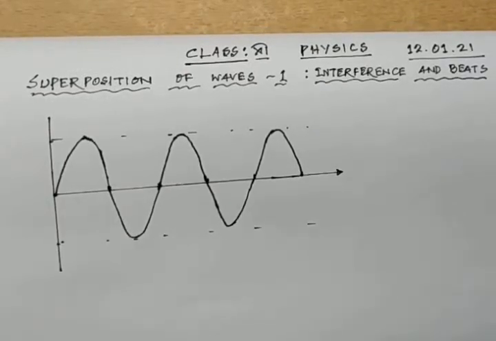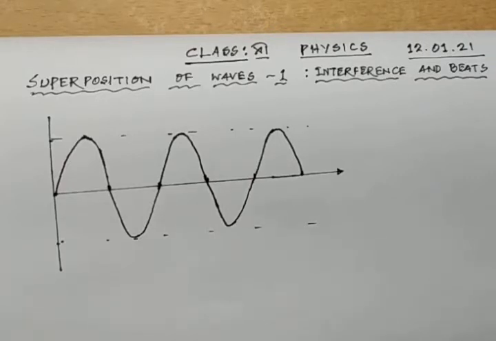This is the second part in class 12. This phenomenon is known as interference and beats. Remember, interference means superposition of waves, when one wave falls on or is superposed on another wave. A typical resultant wave is formed, and this process is called interference.